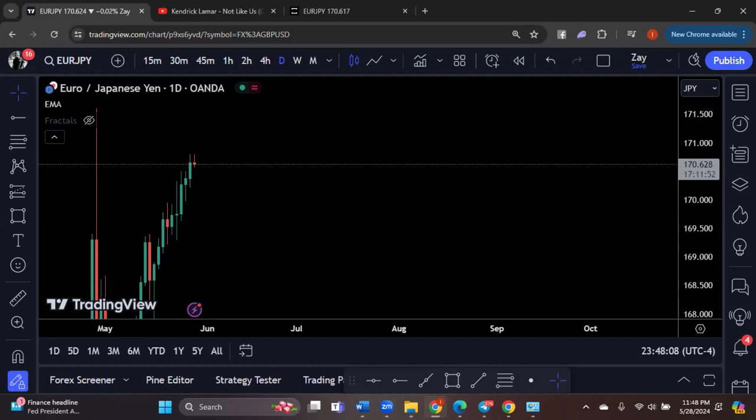So if you have 0.01 and it's 170.625, if it goes up to 170.635, that's one whole pip. That means that's an extra 10 cents if you're using a 0.01. Right? And think of the last digit as like a penny. It's just a penny, right? And the next to the last digit is that tenth.